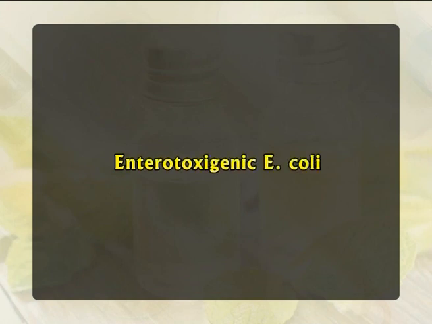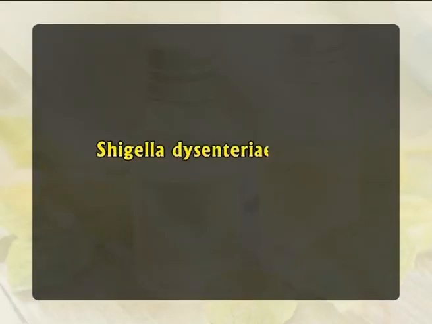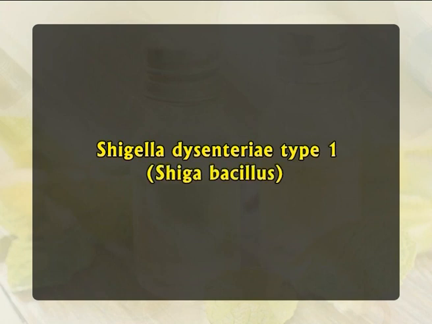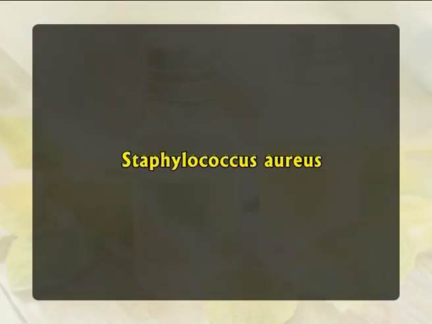Enterotoxigenic Escherichia coli produces enterotoxin, which is a heat labile exotoxin, and causes hypersecretion of water and electrolytes within the gut. Shigella dysenteriae type 1, that is Shiga bacillus, exotoxin causes acute inflammation. Staphylococcus aureus secretes toxic shock syndrome toxin 1, which causes toxic shock syndrome.